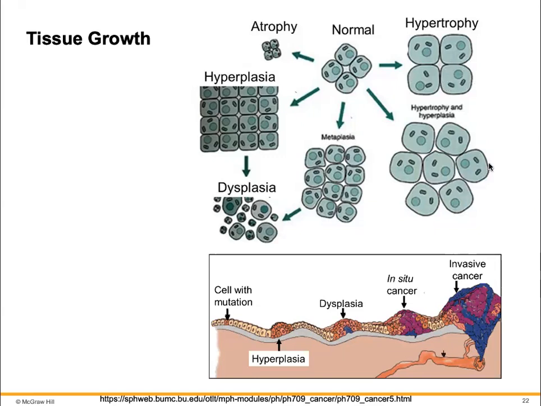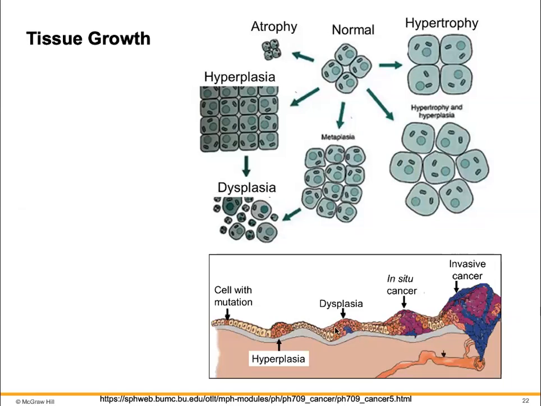The other thing you'll see up here is that the bottom image is referencing how this relates to cancer, where if you have a cell that develops a mutation and that mutation causes hyperplasia, which is the uncontrolled cell division, you'll start to get a mass that is created, which can develop into the tumor or the neoplasia.